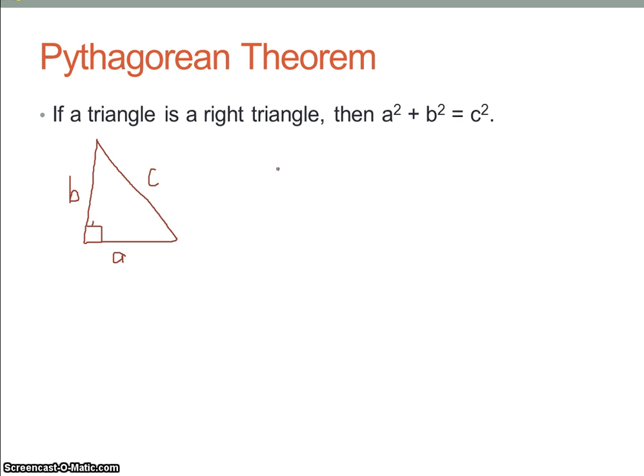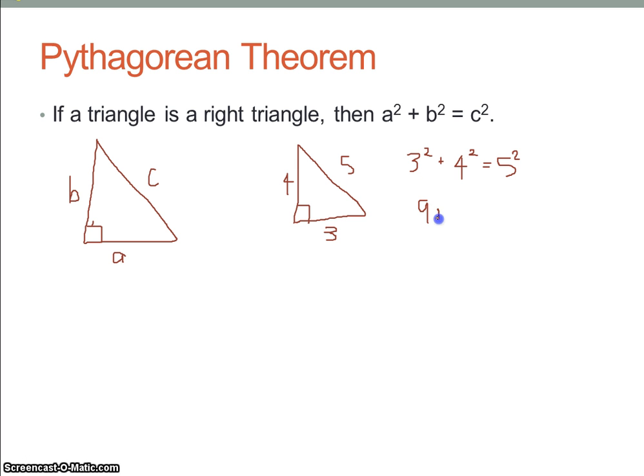So, for example, we can look at a triangle with lengths 3, 4, and 5. So we know this is a right triangle, so we can plug in 3 squared plus 4 squared and see if that equals 5 squared.